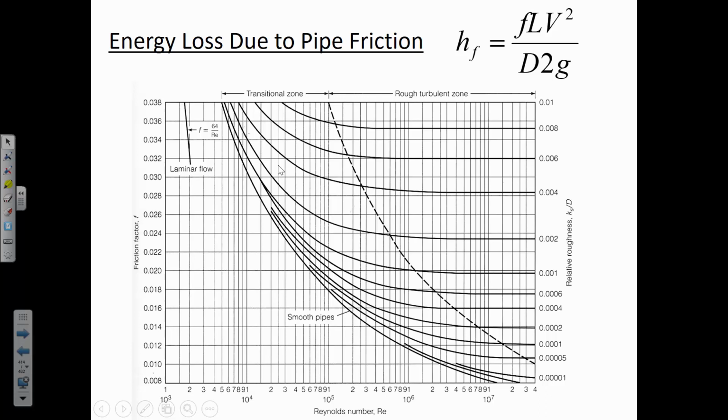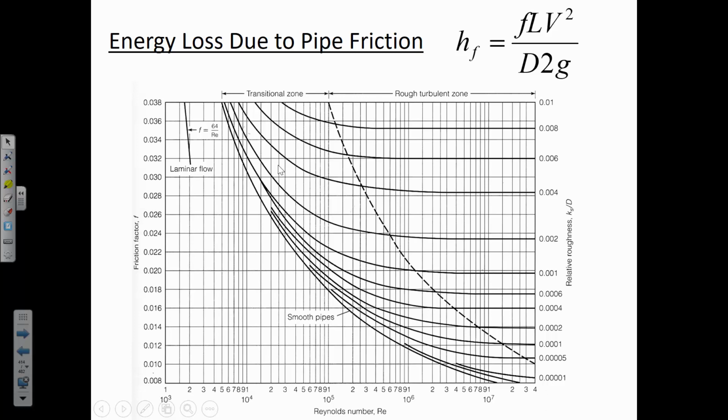And then once you finally have a Reynolds number, you'd intersect that curve that you had before, and then you'd go over sideways and find the F value. And so then once you have an F value that's based on an initial guess of the velocity, you'd put it into the Darcy-Weisbach equation, calculate the estimated energy loss, and then you'd go through that process again with an improved guess of what the velocity might be.